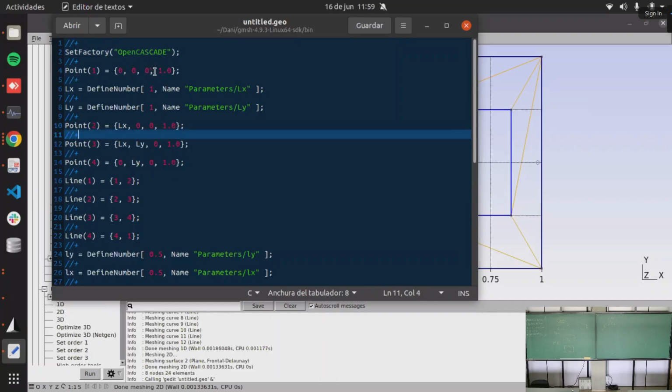Maybe we can change the origin point. Ask for a refinement like this. These parameters are x, y, and z, where the points are, and the fourth parameter is the refinement parameter of the point.